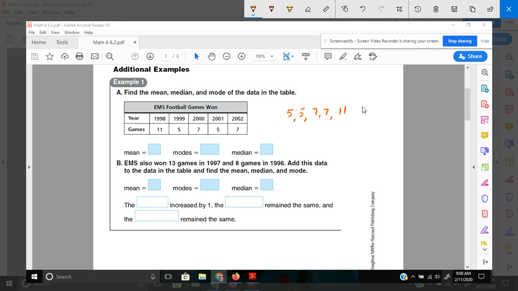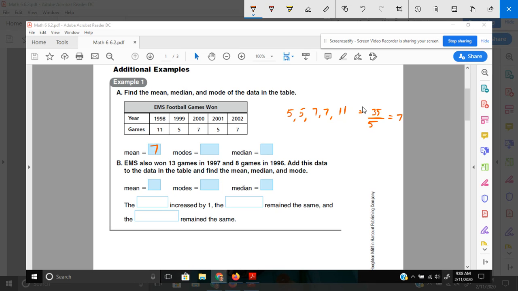All right, remember the mean is adding up your numbers and dividing by how many they are. So 5 and 5 is 10, plus 14 would be 24, plus 11, 35. If I divide that by how many numbers there are, 1, 2, 3, 4, 5 numbers, that would give me a total of 7.